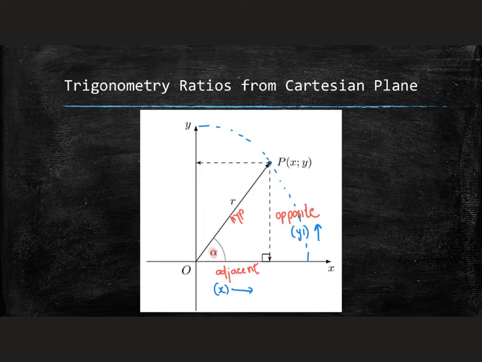So each one of the trig ratios would have their own description based on the polar coordinates because we're on the Cartesian plane. So if we were speaking about sine of alpha, instead of opposite and hypotenuse, we could speak about it as y over r. For cos of alpha, we could speak about it as adjacent over hypotenuse, x over r. And for tan of alpha, we could speak about opposite over adjacent, y over x.